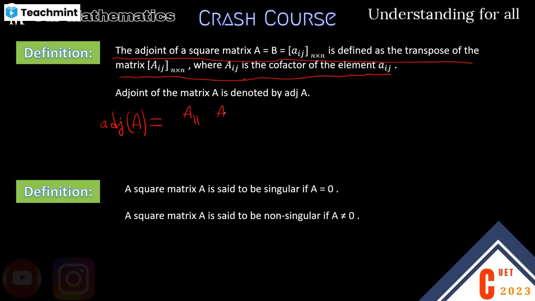Cofactor of this first element. Suppose there is a11, a12, a13, a21, a22, a23, a31, a32, a33.